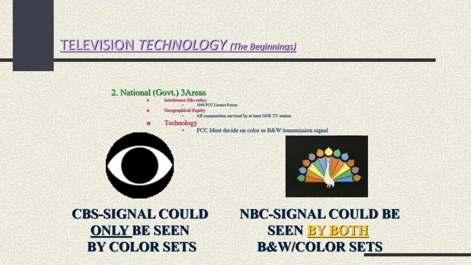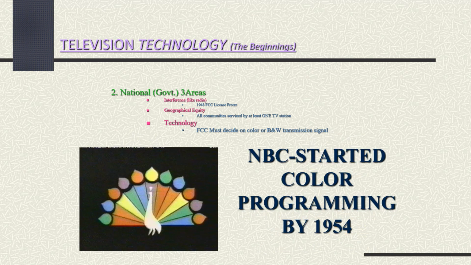That means if they adopted the CBS signal, the customers, the viewers out there, if they had a black and white television set, would have to buy another television set that could accept color signals. NBC's, on the other hand, its signal could be seen on both black and white sets and color television sets. So, of course, the FCC adopts the NBC color television signal.